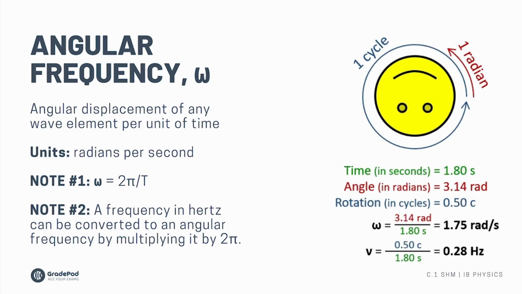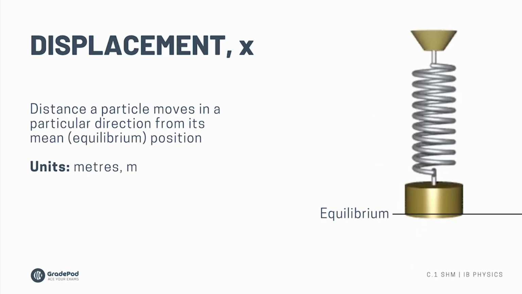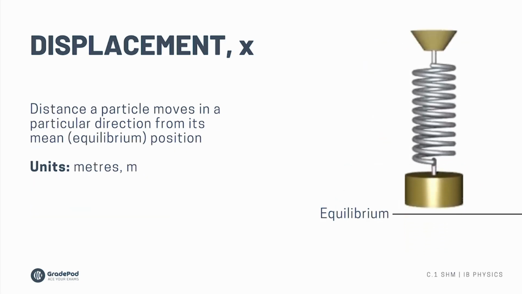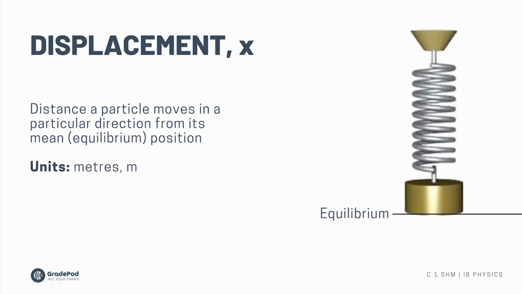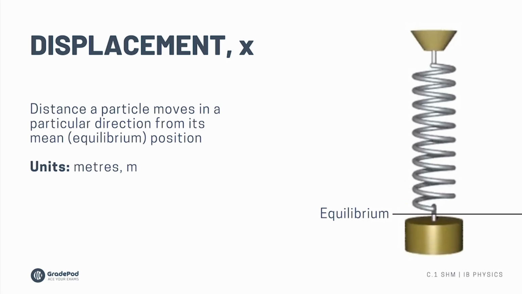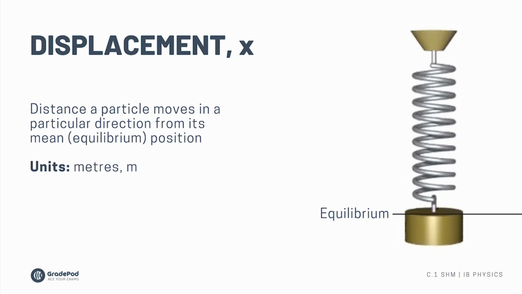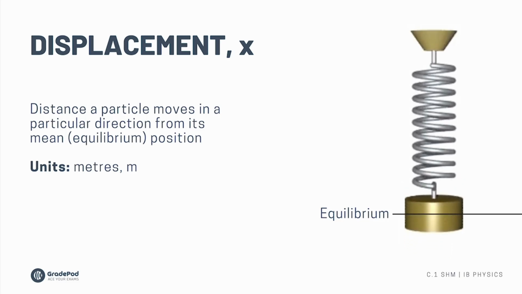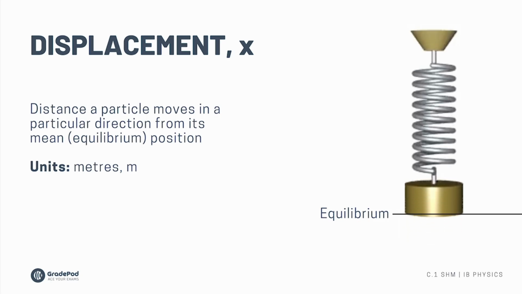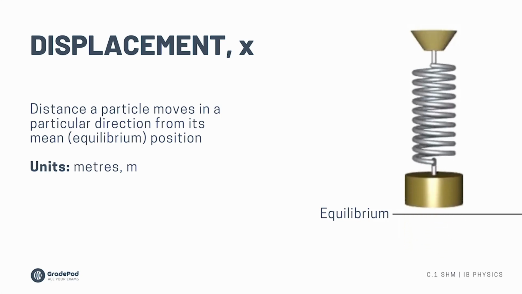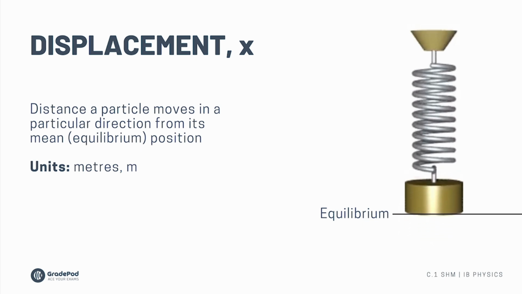Displacement for a particle undergoing SHM is the distance a particle moves in a particular direction from its mean equilibrium position. If you look at the animation here, the equilibrium position is shown. That would be x equals 0. And at any time, you can determine what the displacement from that x equals 0 equilibrium position is just by measuring.